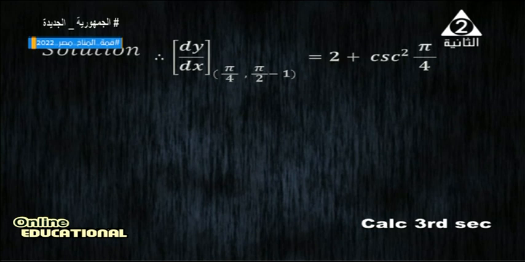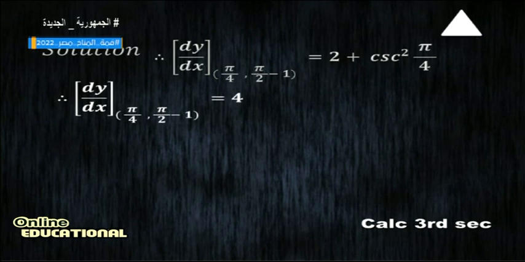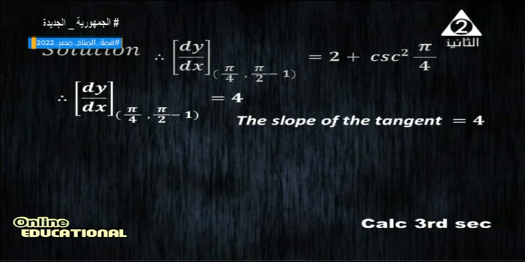Then dy/dx equals 2 plus cosec squared pi over 4, then dy/dx at the point equals 4. Now we have the slope of the tangent equals 4 and the point is (pi over 4, pi over 2 minus 1).